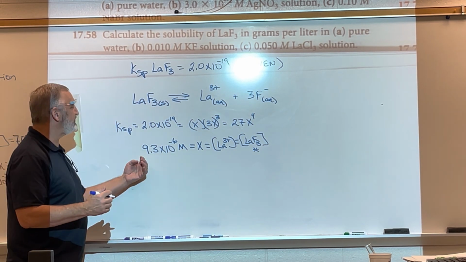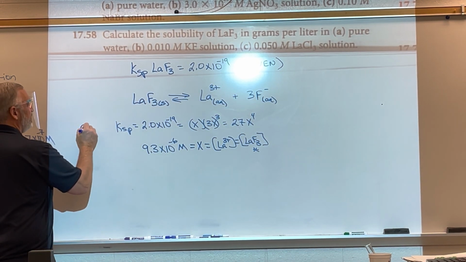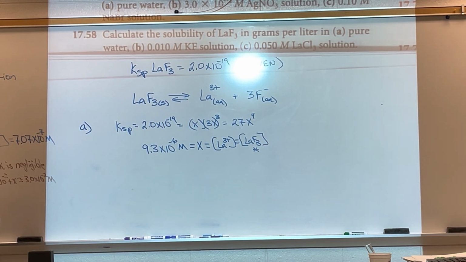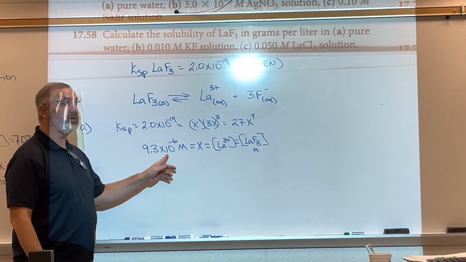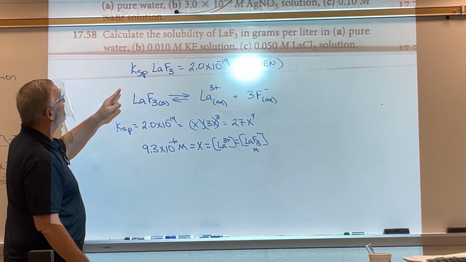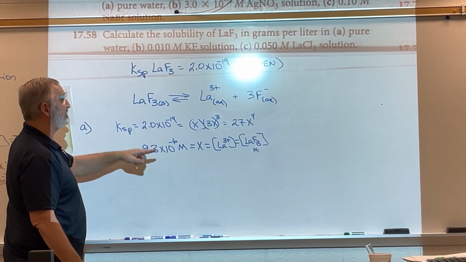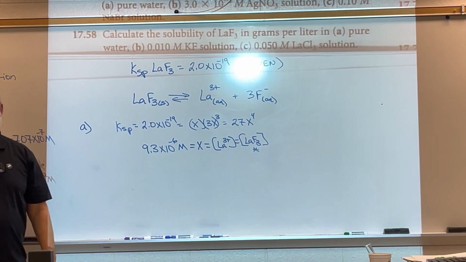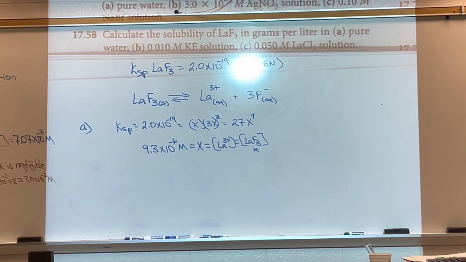So I always have to make sure 2 or 3 agree that it's the right number. So this is the solubility in pure water. 9.3 times 10 to the -6. But is this actually the answer? It's always important to go back and read the question, because what's it want? Grams.